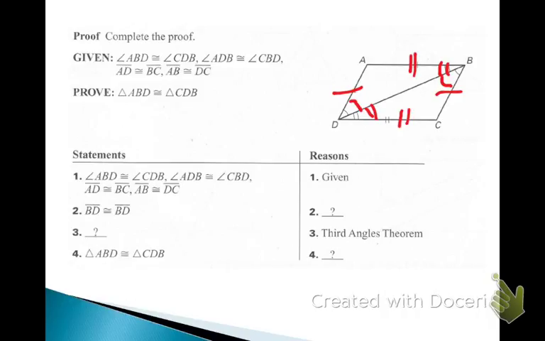So that's, as marked, given. That's our first step in our proof. How do we know BD is congruent to itself? What property is that? Go ahead. That's reflexive. That would be a reflexive property.